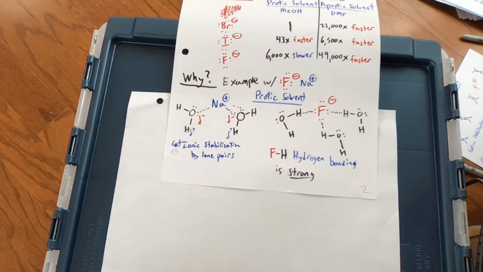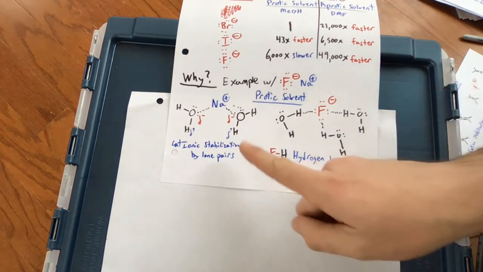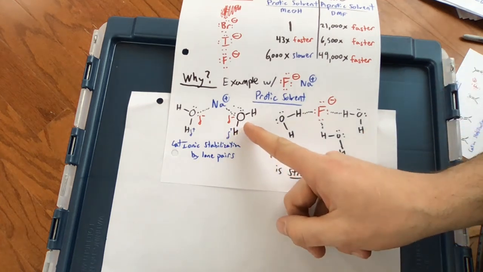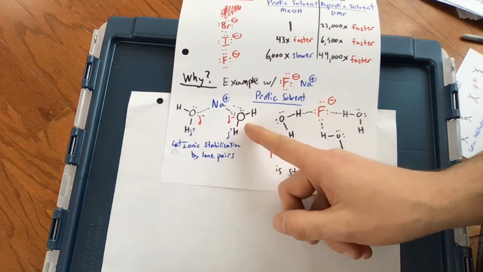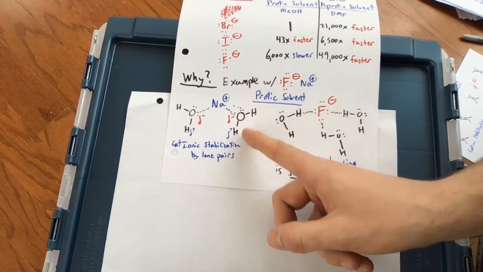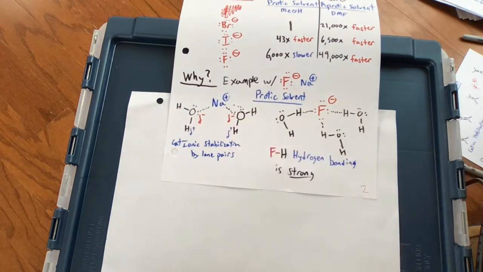You have cationic stabilization by lone pairs on the oxygen that are very happy to make ionic interactions because they have partial negative character from this OH bond and are basically drawn to this fully positive Na ion.